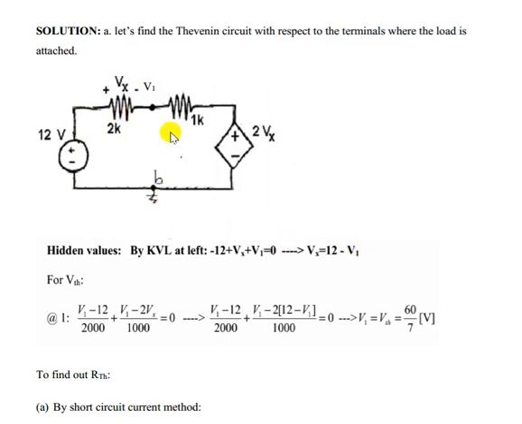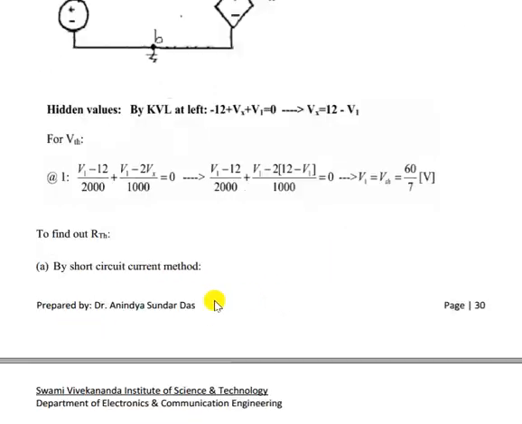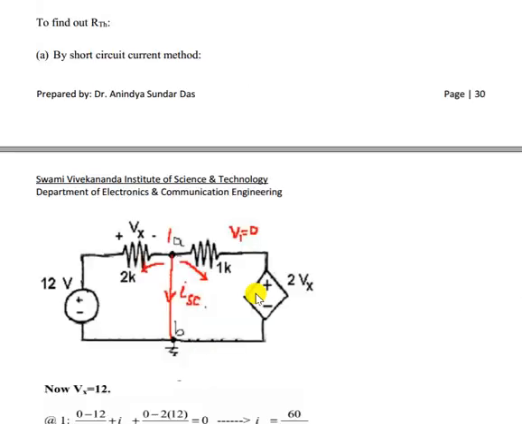Now at node 1, if we write KCL, you can write (V1 minus 12 volt) by 2K, plus V1 minus 2Vx by 1K equal to 0. And here Vx equal to 12 minus V1, we put that and solve for V1, you will get the VTH value. Now to find RTH, we can apply the short circuit method.